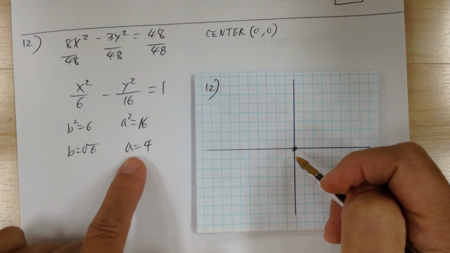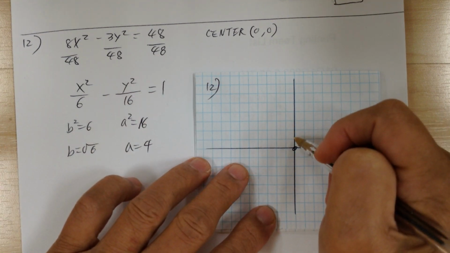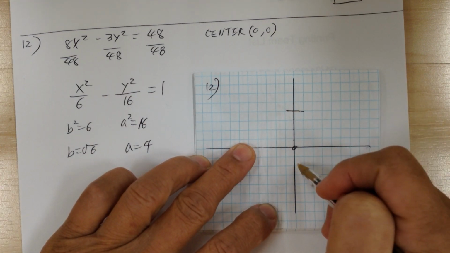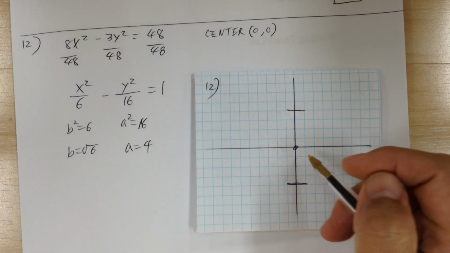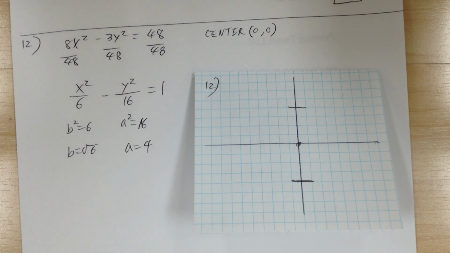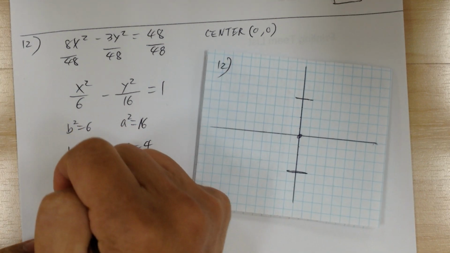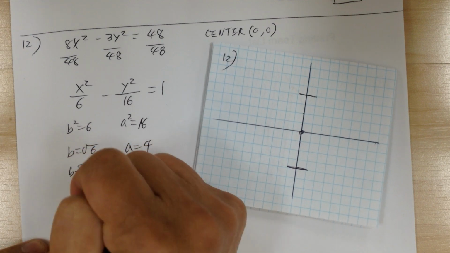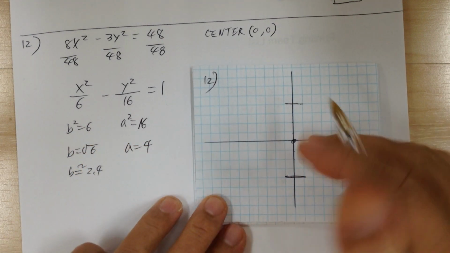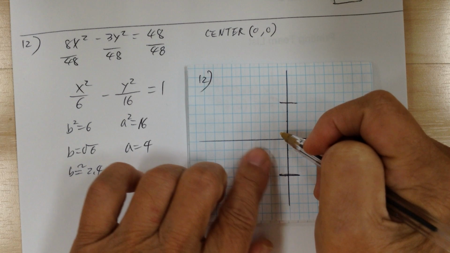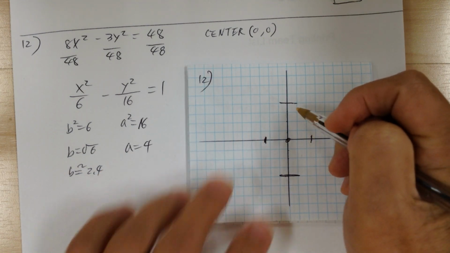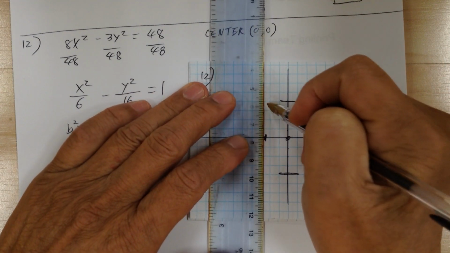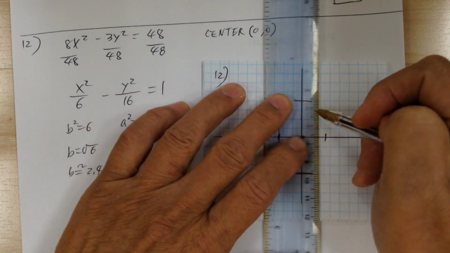So you have to go 4 in the right direction. And square root of 6, if you use a calculator, is about 2.4. So this is about 2.4. Now when you graph, you're probably just going about right over here, about 2.5. Okay, so that's your box.